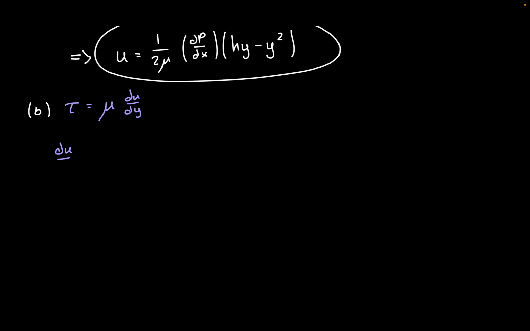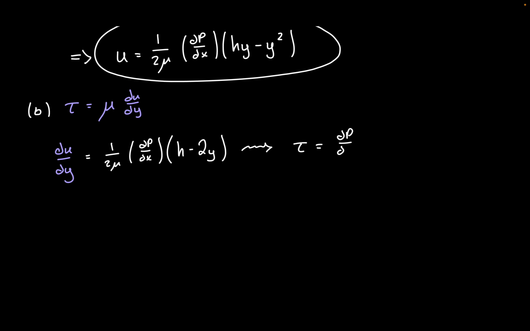So we can say that du dy is going to be equal to 1 divided by 2 times mu, and then we'll multiply by dP dx because all that is constant, and then we'll be left with h minus 2y. So then we can actually say that tau is going to be equal to dP dx times h divided by 2 minus y. And we are almost there.